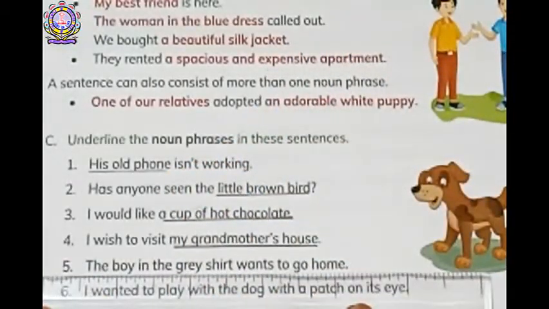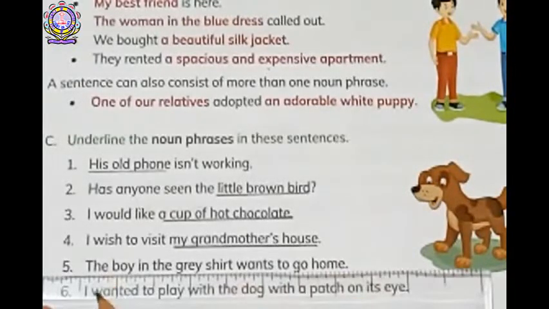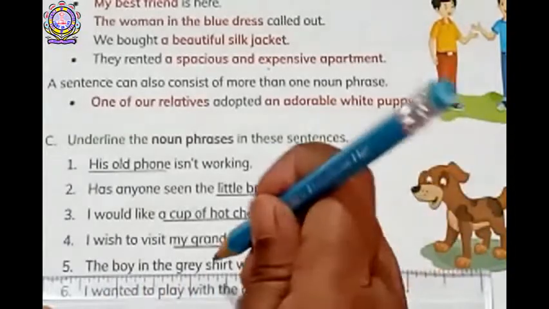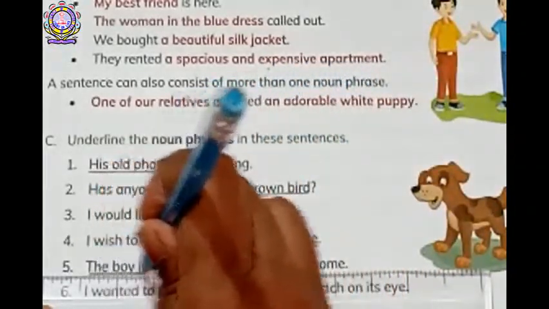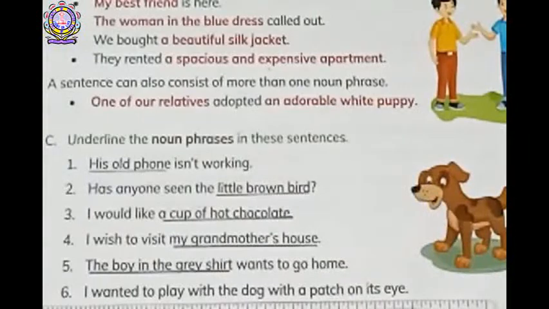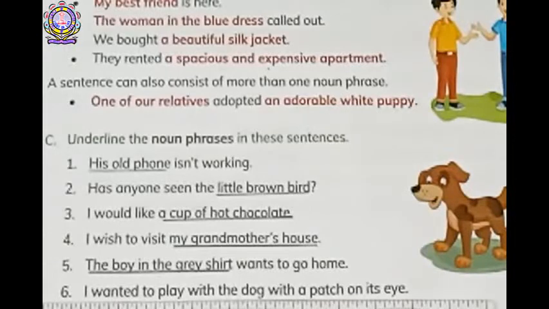And the boy in the grey shirt wants to go home. So what is noun phrase? The boy in the grey shirt. And I wanted to play with the dog with a patch on its eyes.